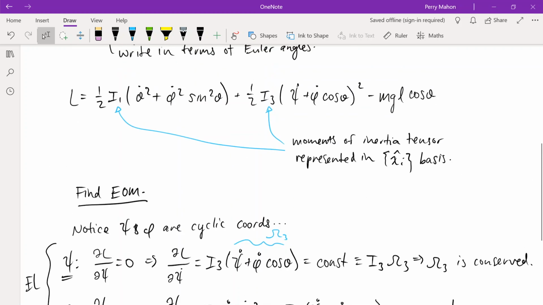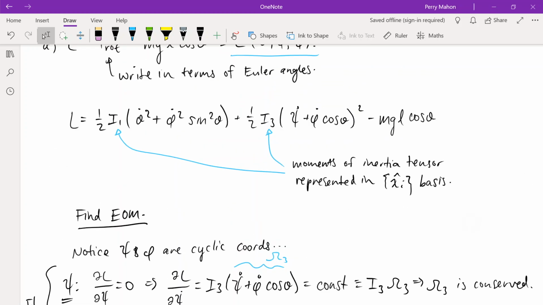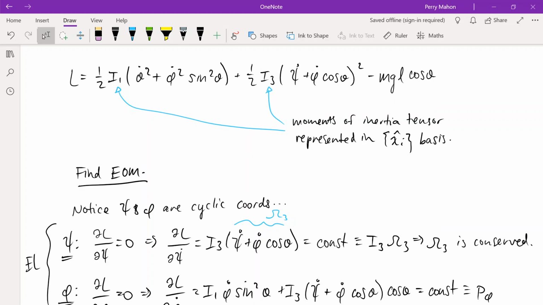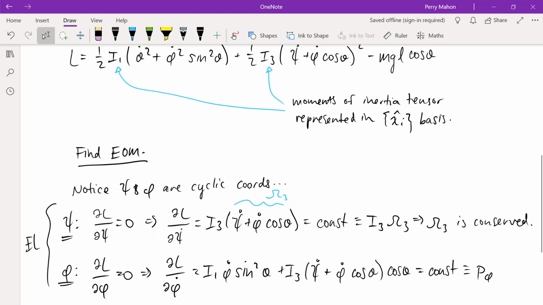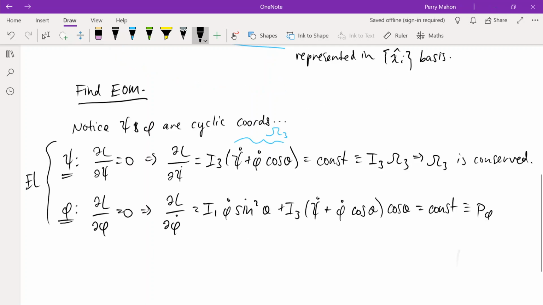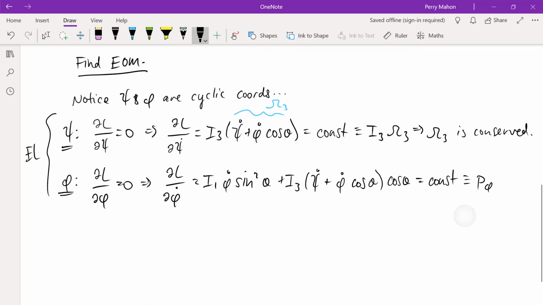So in this case, the symmetry that we want to implement is the fact that the Lagrangian has no explicit time dependence, right? So necessarily energy is a conserved quantity. And from that, and using the constants that arose from the Euler-Lagrange equations associated with psi and phi, we should be able to extract the equation of motion for theta in a somewhat more simple way.